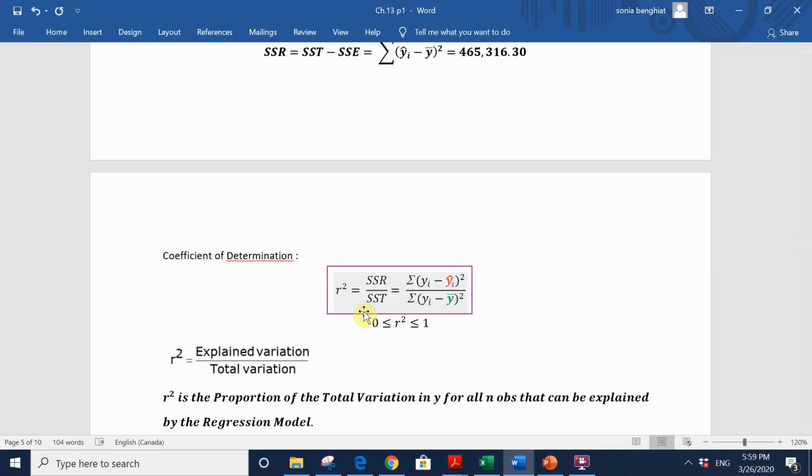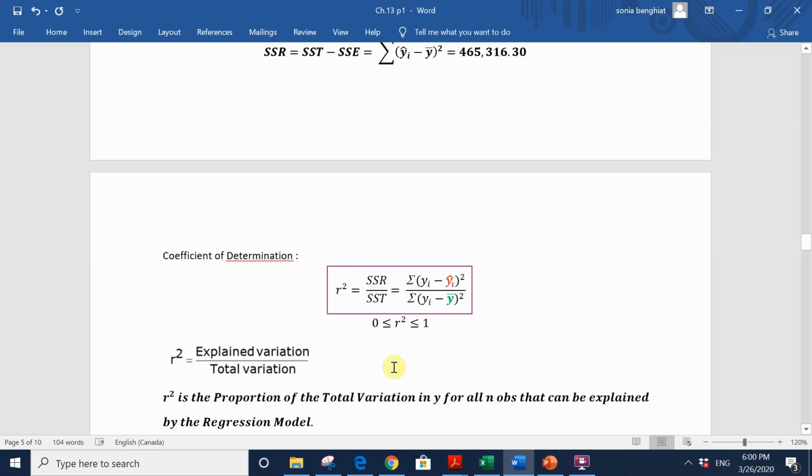So r squared is a ratio of the explained variation relative to the total variation. Once again, r square is the proportion of the total variation in y, found across all my n sample points, that can be explained by the regression model.